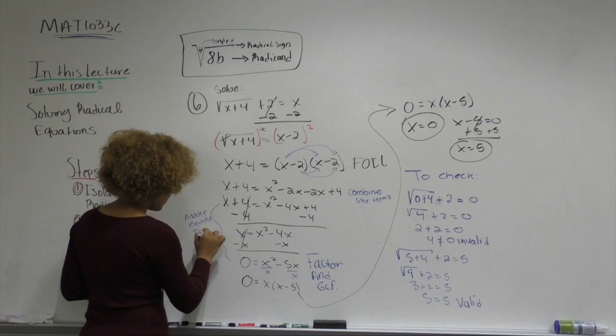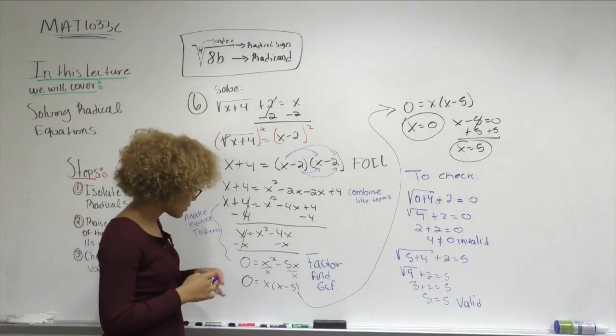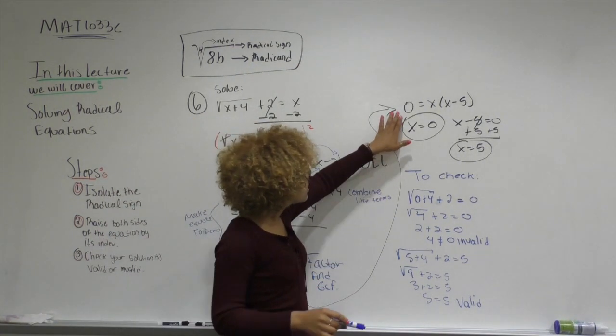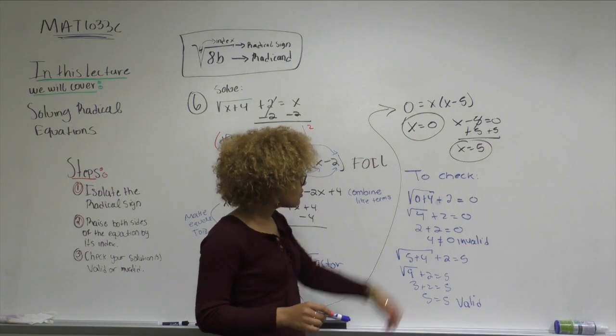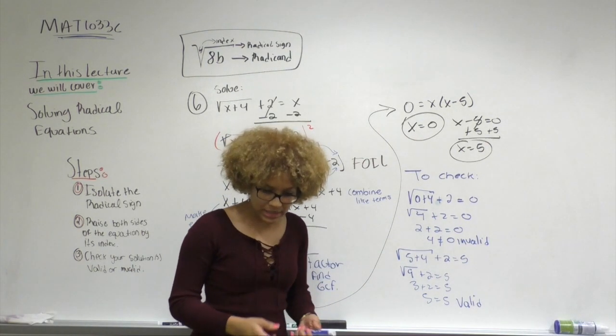Oops, 0. We realize here, in order to solve for x, we have to factor, finding the GCF. Then we set both terms equal to 0 and solve. And lastly, we check if our answers are valid or invalid.